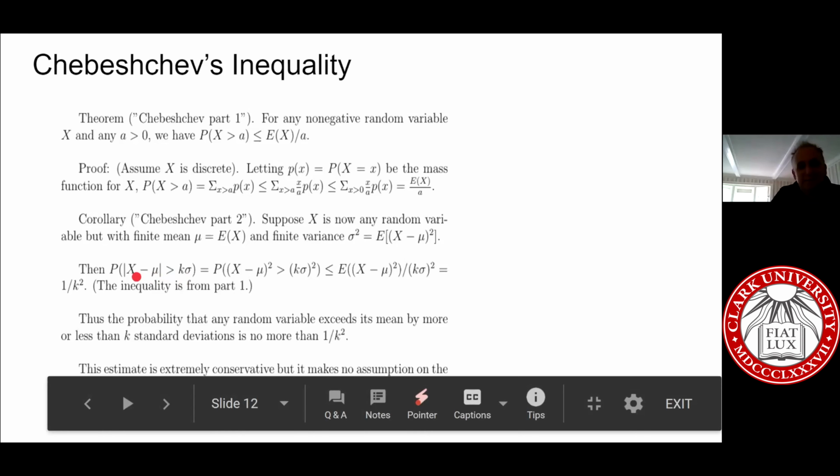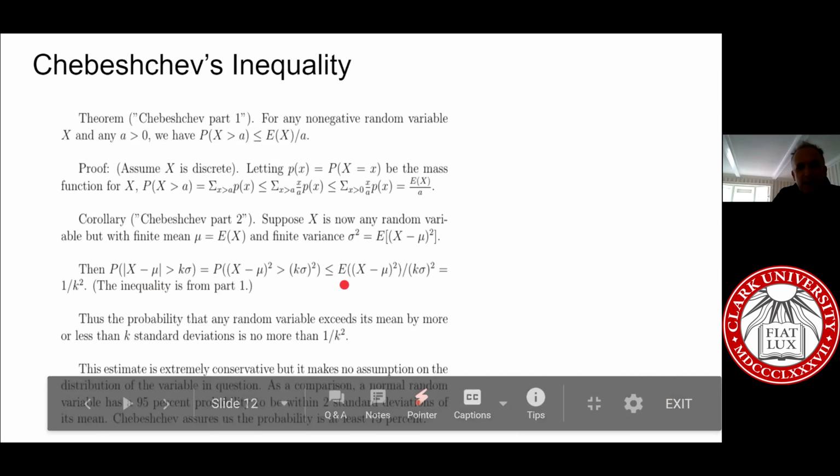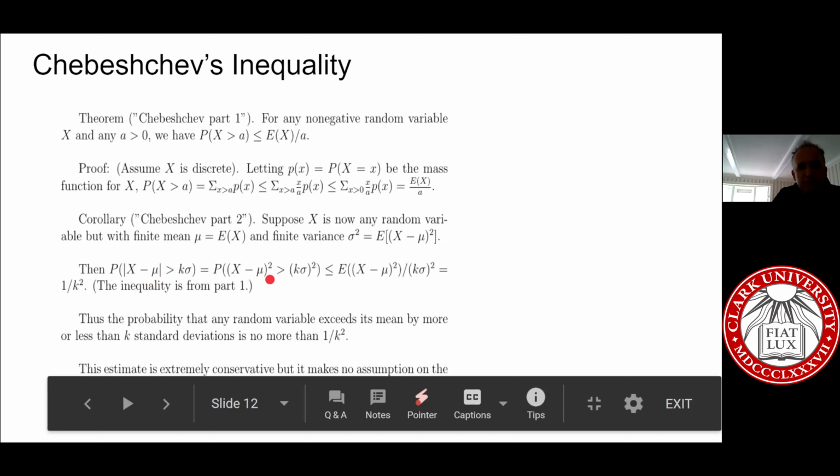So I have this equal to this, square both sides, positive numbers. I square them, this is maintained, this is equal. And then this is less than this from the inequality. You see why? I just took the expected value of this, put it on the numerator, and divided by A over here.